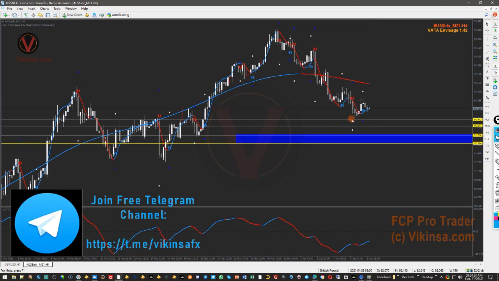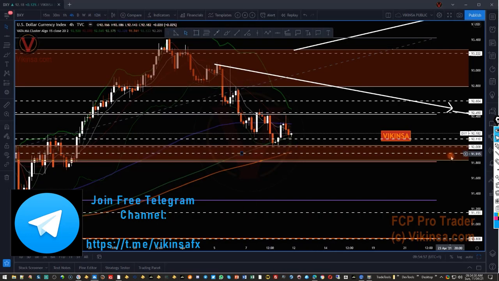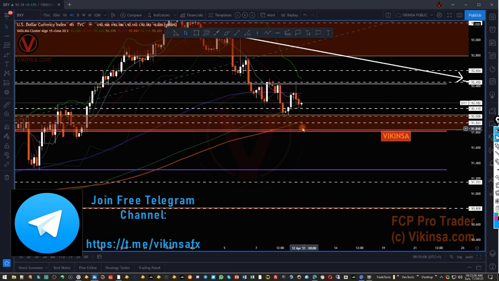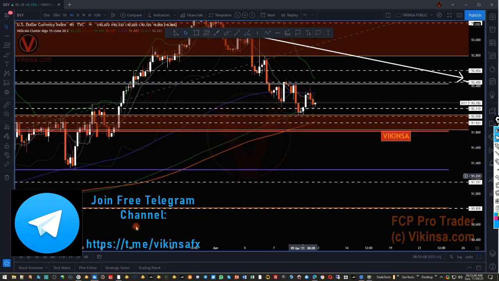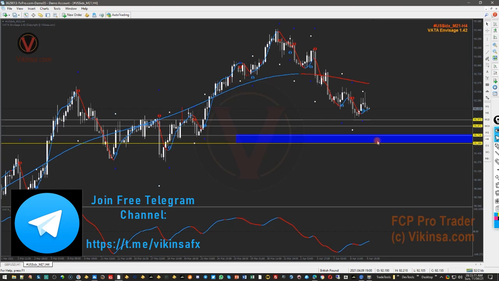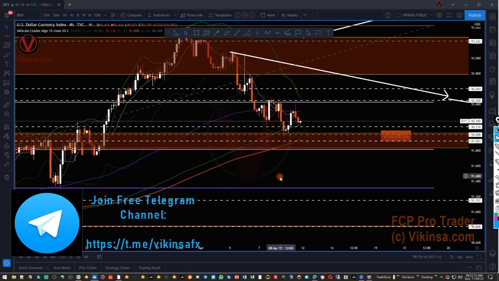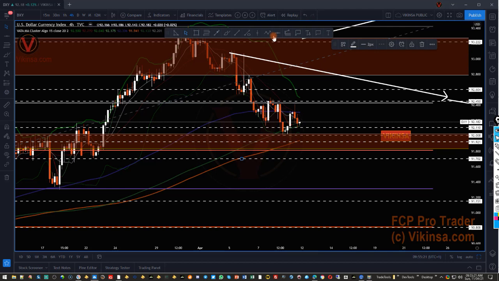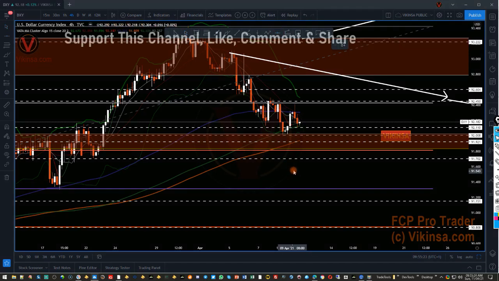Okay, so 91.871 is near about this area, 91.8, near about that level it can fall into. And if it finds enough momentum, then it can fall down to even lower levels, which are going to be 91.7, and near about 91.5 as well.